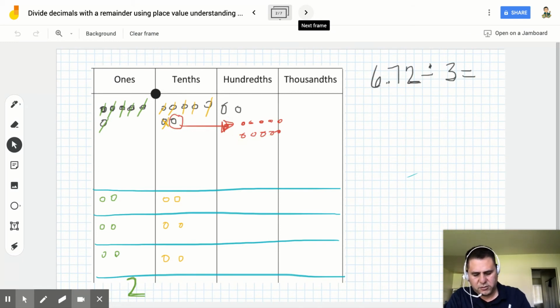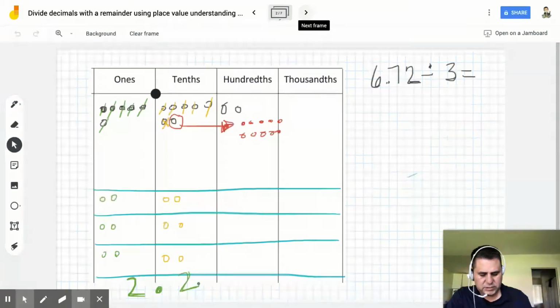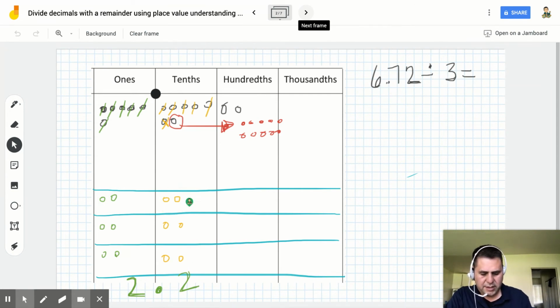So let's go back and see how much I'm going to give away. Everyone's going to get 2 dimes. And this one dime, I'm going to cash it in for 10 hundredths.